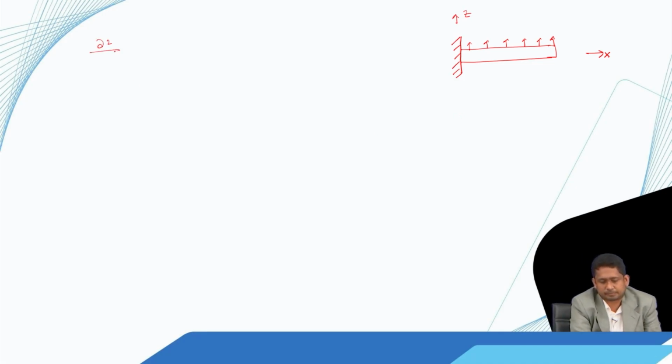So if you have a beam like this, and the beam is under some transverse load, and let us say this is x and z, then we know that this follows a governing differential equation, and the differential equation is del 2 by del x2 of EI into del 2 w by del x2.